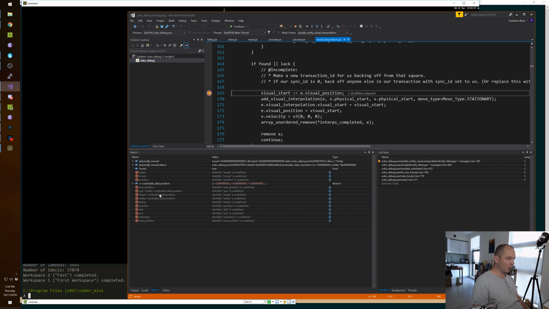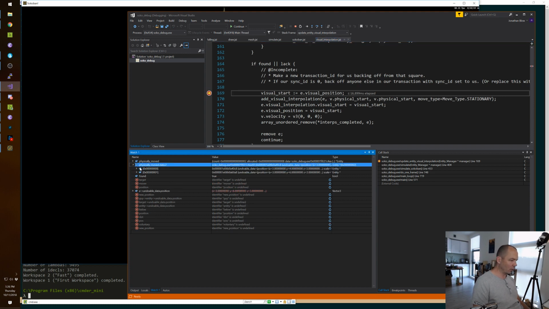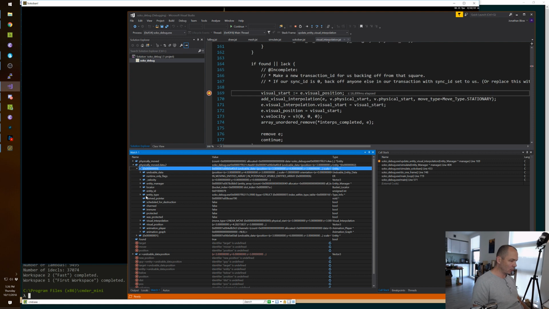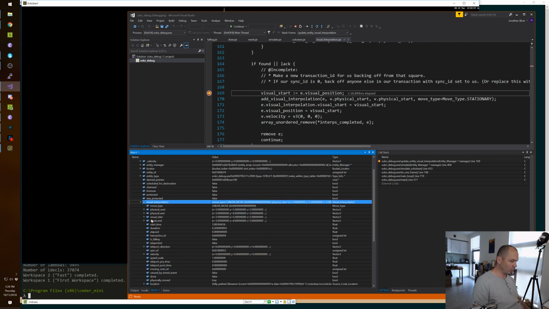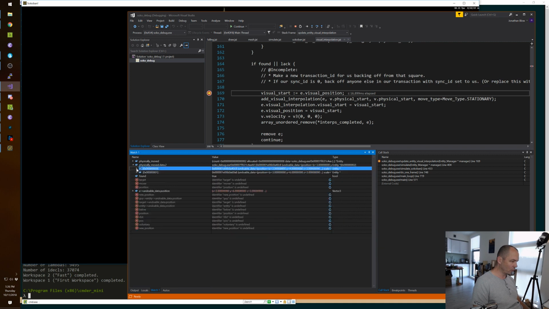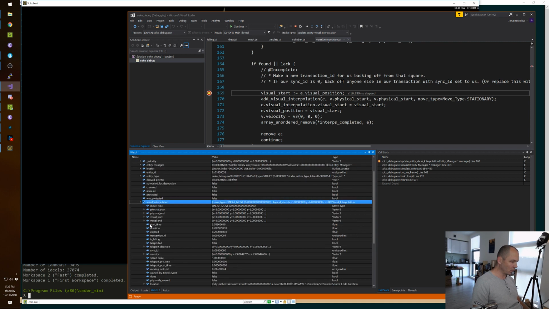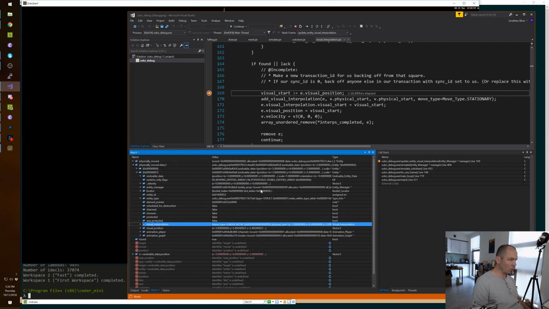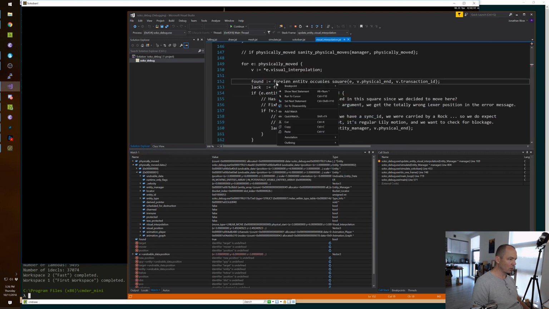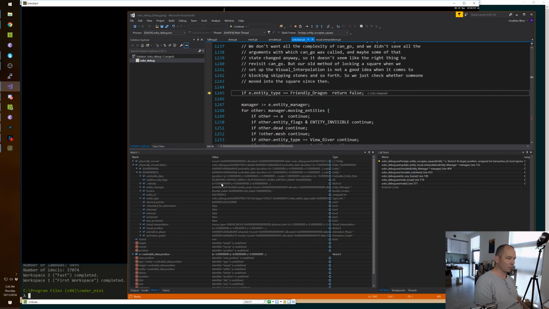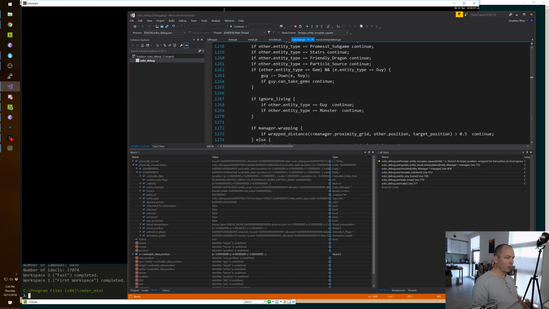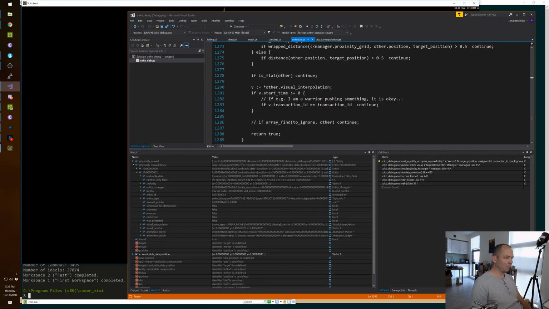So, okay, we've got 2 things that physically moved. This one, visual interpolation, transaction ID is 4. This one, transaction ID is 4. Okay. Well, why did we find something? Telling the truth can be bad news.